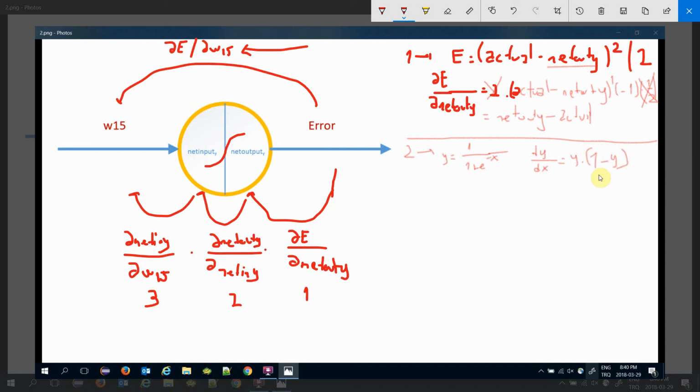You can watch the sigmoid lecture; I have also published it. Based on this rule, the derivative of net output y with respect to the net input y would be net output y times 1 minus net output y.